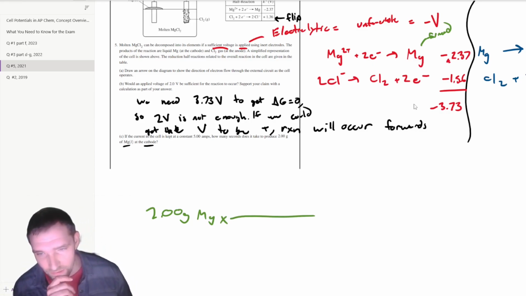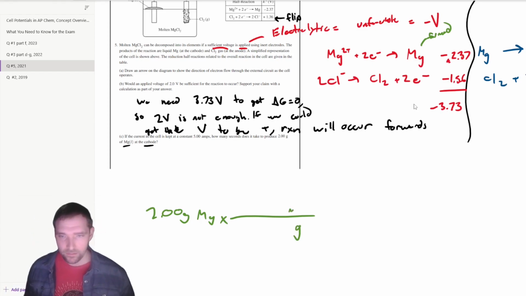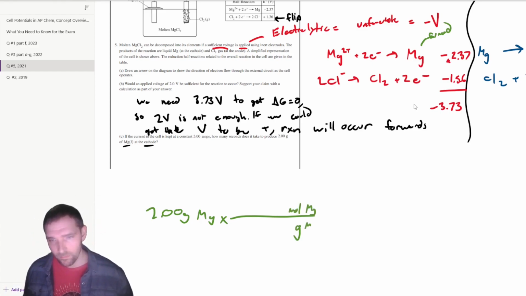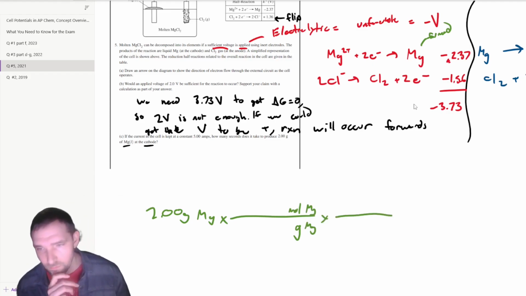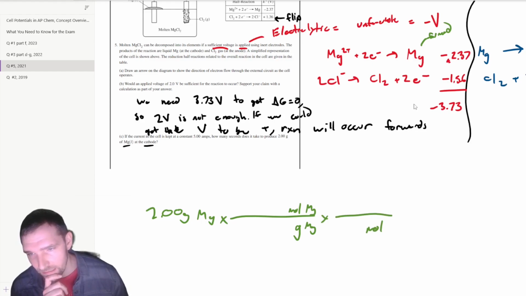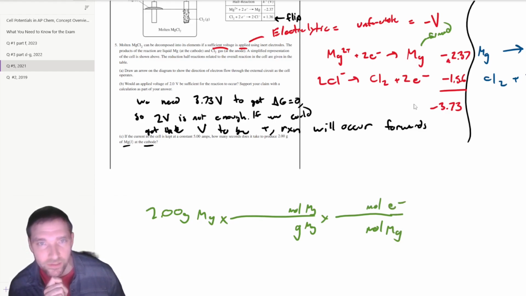So you're going to use your molar mass of magnesium. And then once we have the number of moles, you're going to say, okay, if I have a certain number of magnesiums, how many electrons are going to be deposited? So for every mole of magnesium, how many moles of electrons are there? And I think we said there was 2 for every one of these.